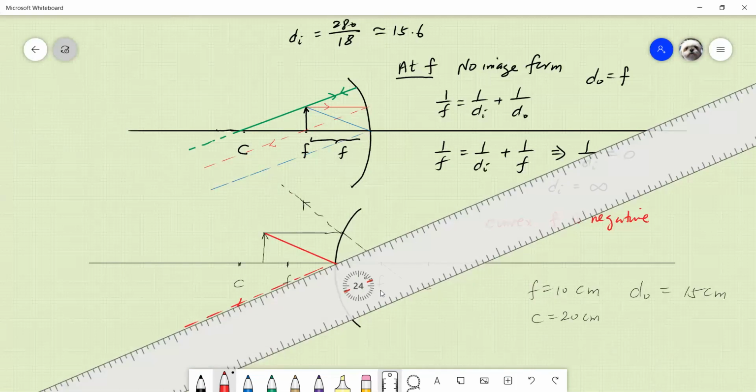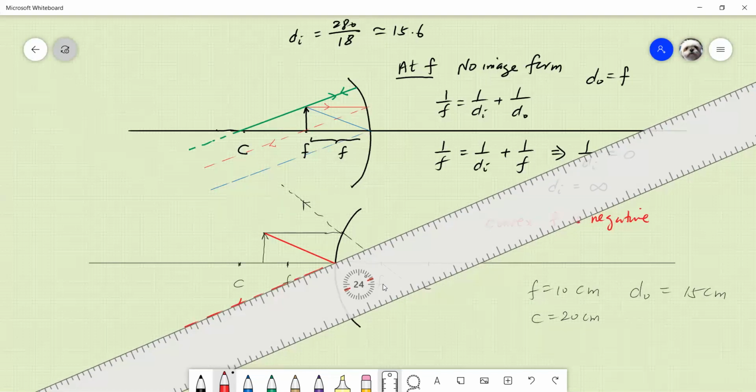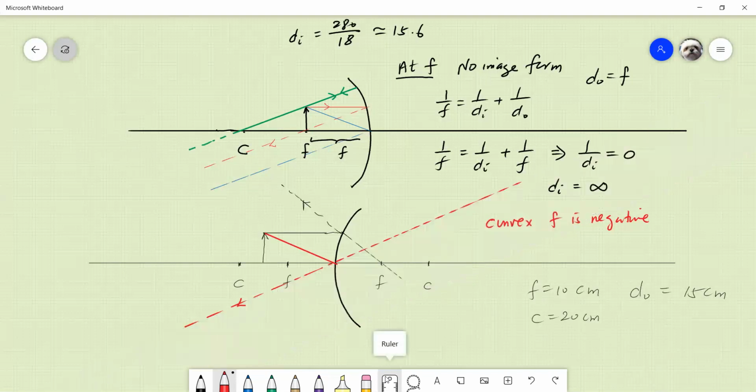Exactly. So how can I locate my image? Then you extend these lines to the other side. Now, when I extend my reflecting light to the other side, I find the location of the intersection right here.